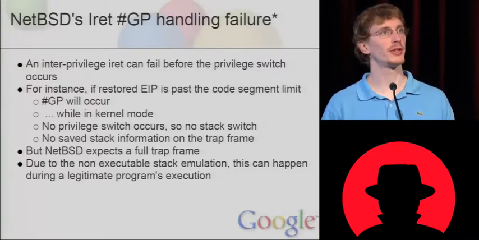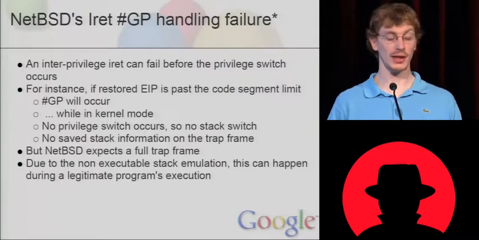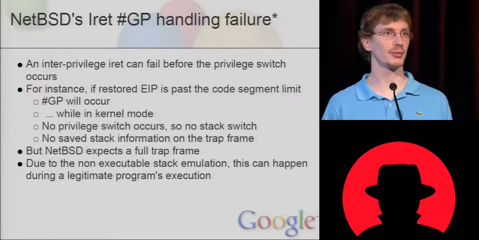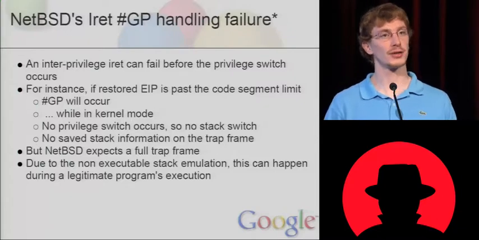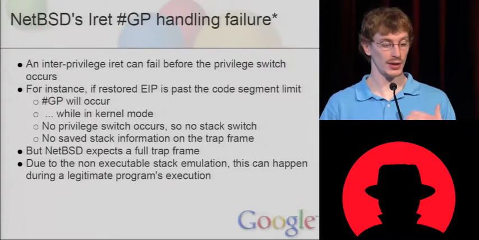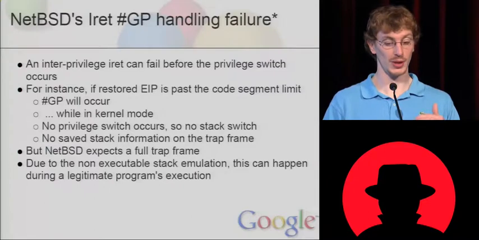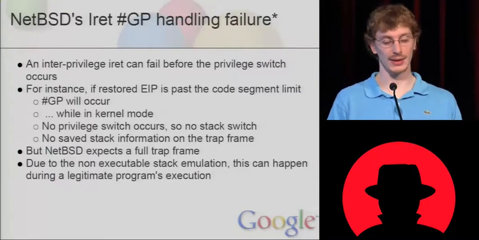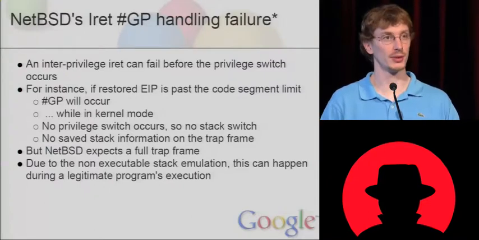So if you're for instance in a signal handler in the kernel and you return from the signal handler to this trampoline on the stack for a nested function, you will directly return from kernel to code that's actually past the segment limit. So that's exactly the situation we described here.